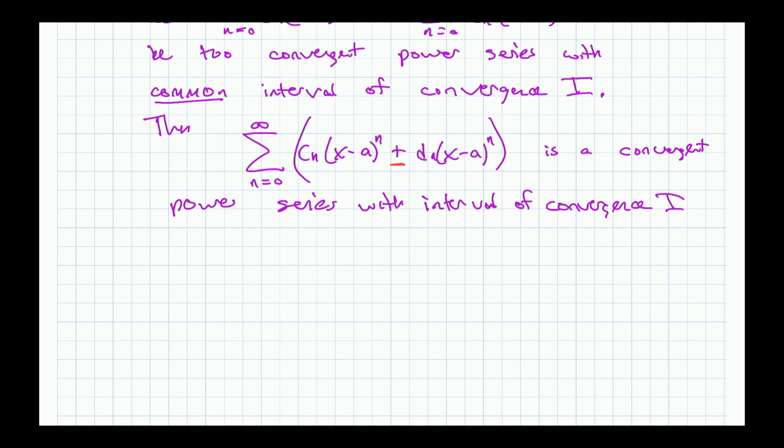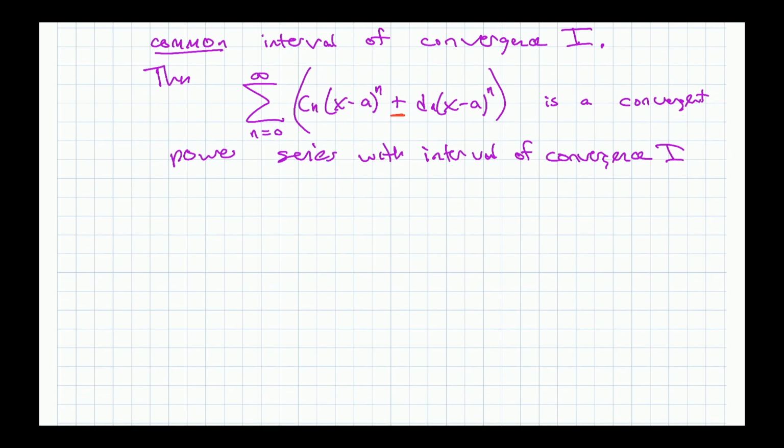You can add them or subtract them. You can also write that in a slightly different way. Since they both have an (x minus a) to the n, you could write it as Cn plus or minus dn, times (x minus a) to the n. That's just basic algebra to factor out the (x minus a) to the n. So there are various things you can do there.